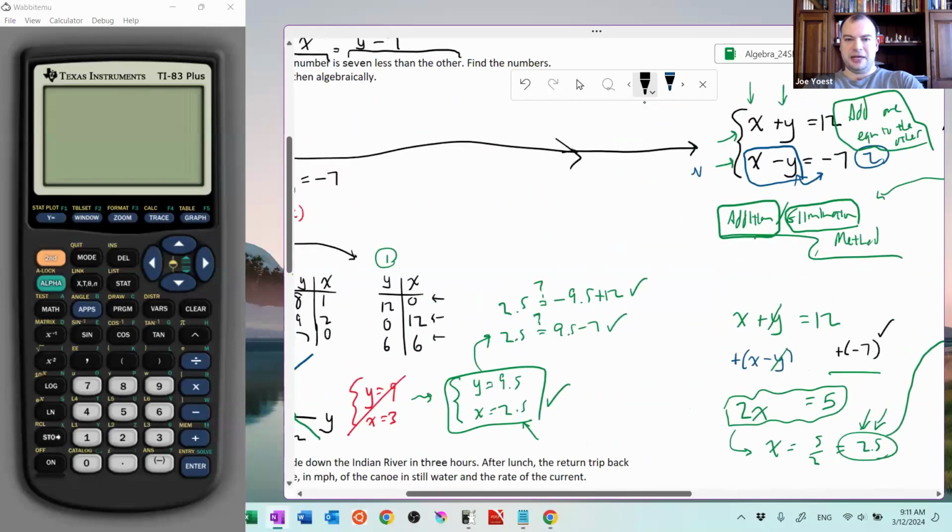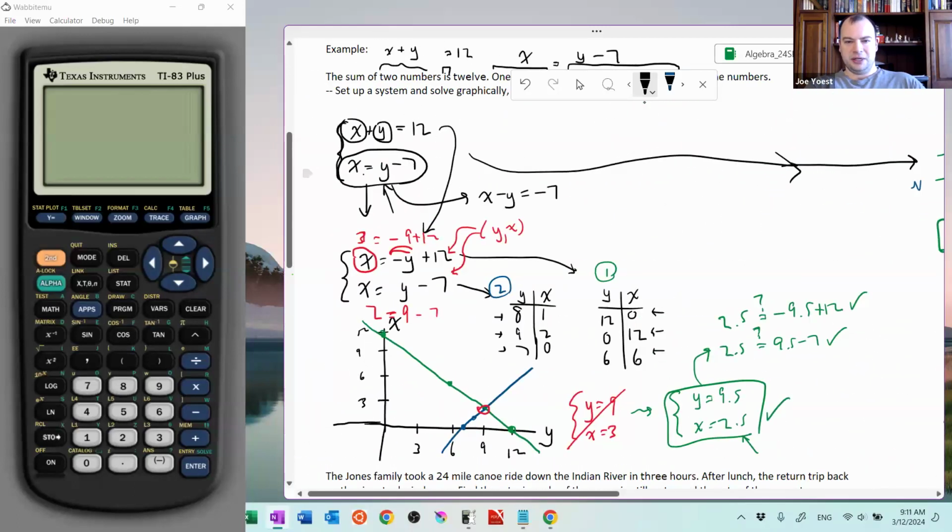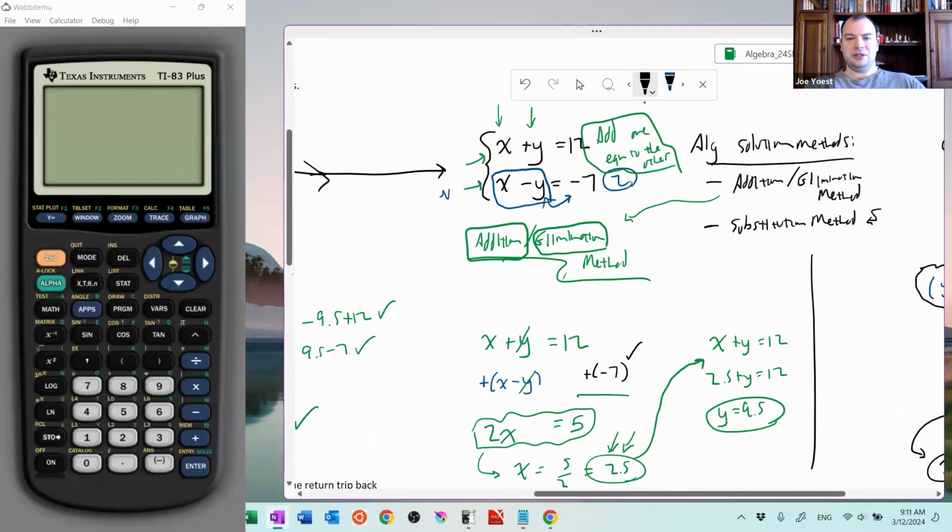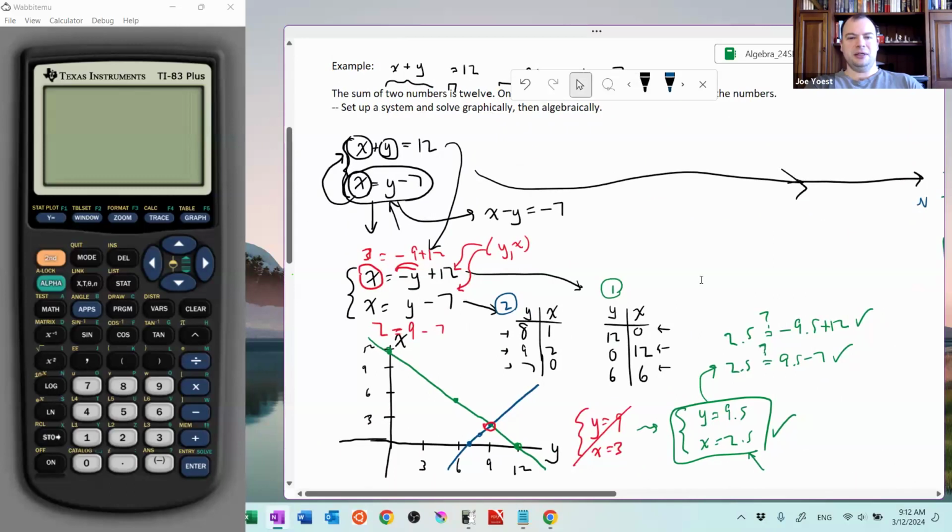This problem is kind of naturally set up for the substitution method because one of our equations is already solved for one of the variables, which makes it very easy to substitute. To do the addition method, I had to actually manipulate things to get my x's and y's all on the left side and be able to add them up more easily. So maybe the substitution method would be the better of the algebraic methods here.